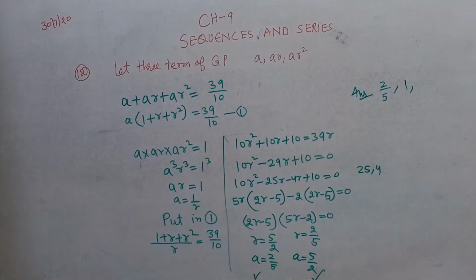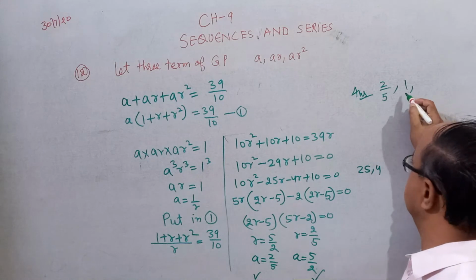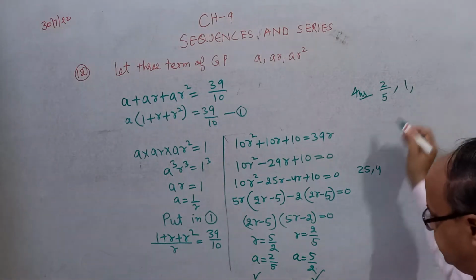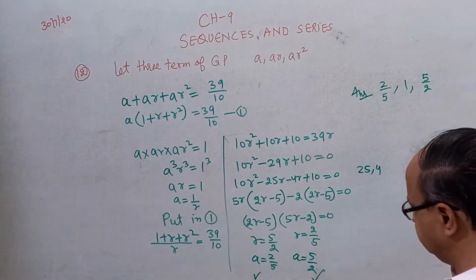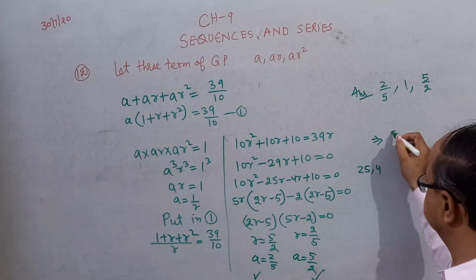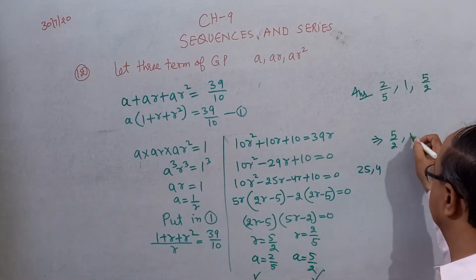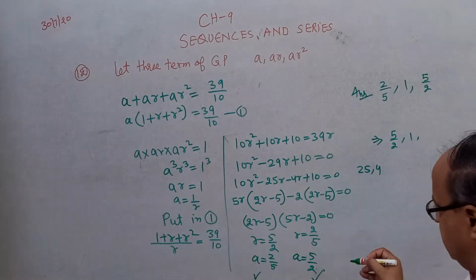Correct? Okay. Now AR square. This is AR, multiply with R, 5 by 2. This is the answer. And with the help of this, the other answer is 5 by 2, 1 and 2 by 5.